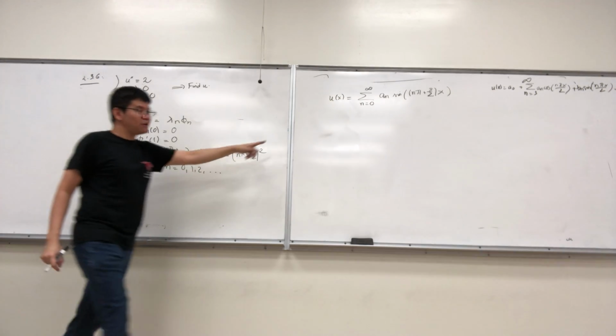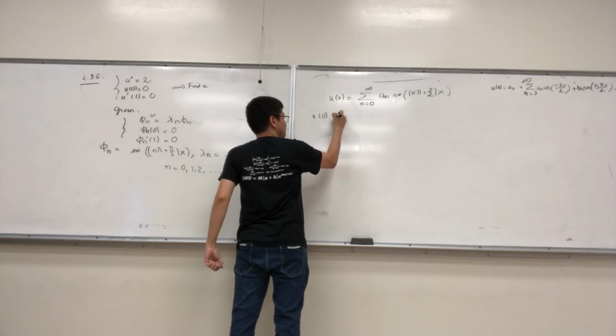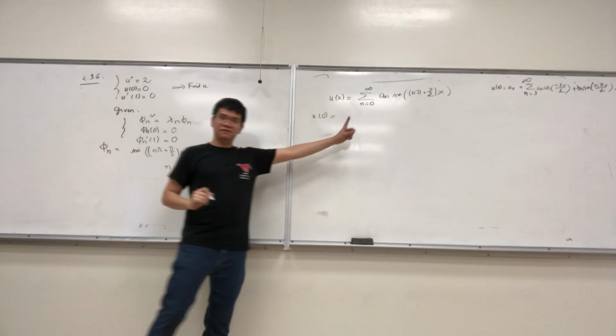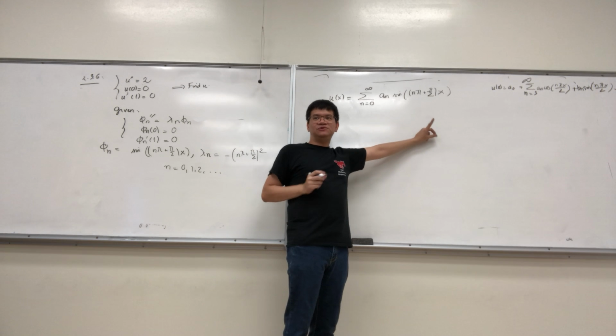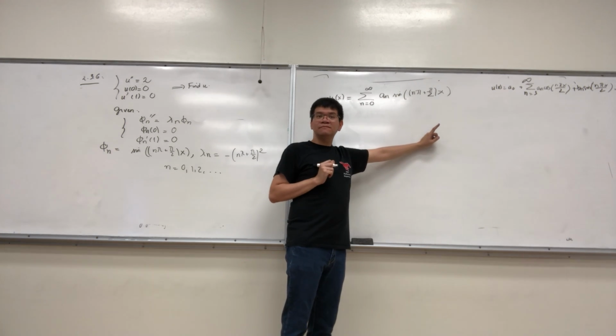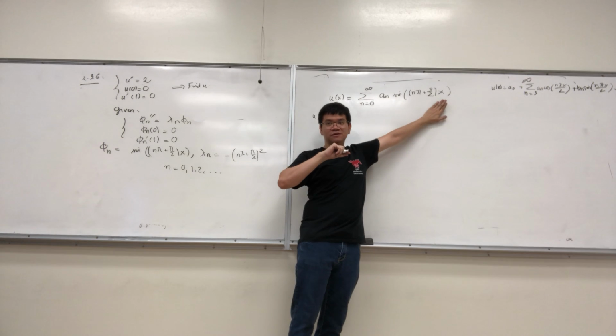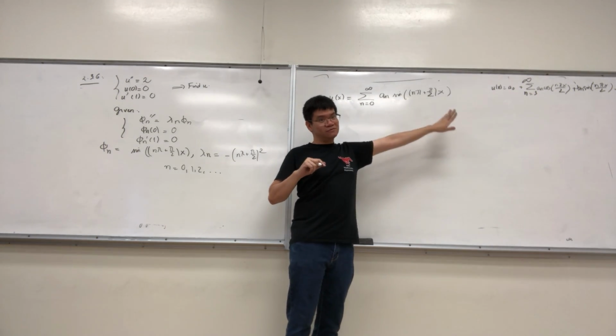Now, let us check the boundary condition, right? So you have u of 0. How can I compute u at 0? Just plug in 0 here. Yes, I plug in 0 here, and it's going to be 0, right?